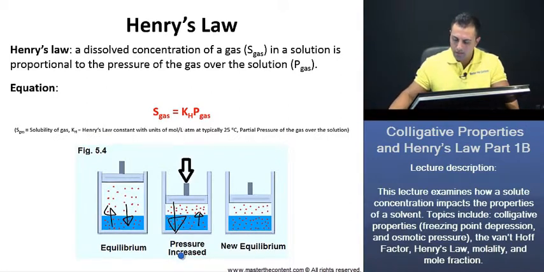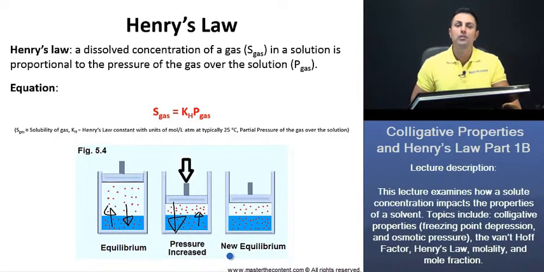Thus, when we increase the pressure, as we see here, we're increasing the solubility of the gas. That occurs until we reach a new equilibrium, and that is what is being depicted here in figure 5.4.